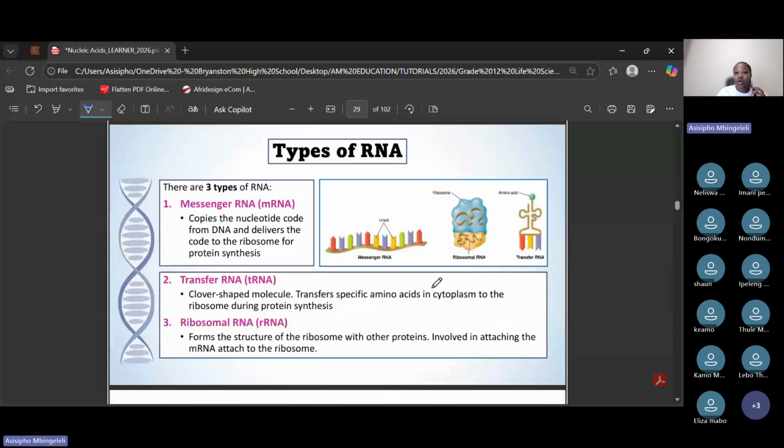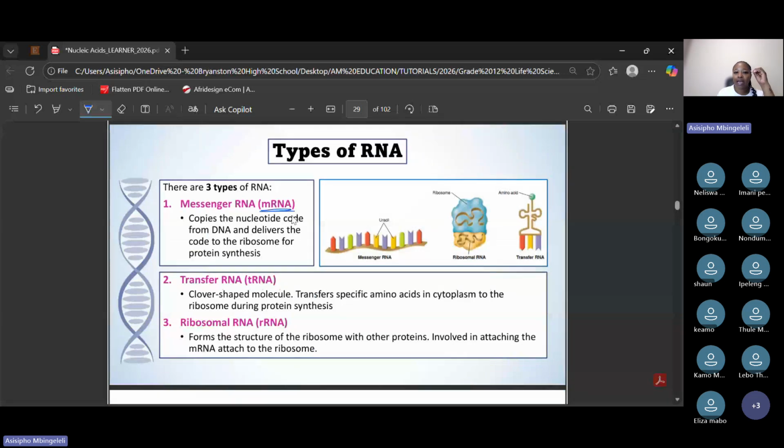There are 3 types of RNA. I mentioned this. It's your messenger RNA, transfer RNA, ribosomal RNA. So for messenger RNA, you are allowed to just write mRNA, but your m should be in small letters and RNA should be in capital letters. That is important. If you do it the other way around or you mess it up, you won't get a mark.